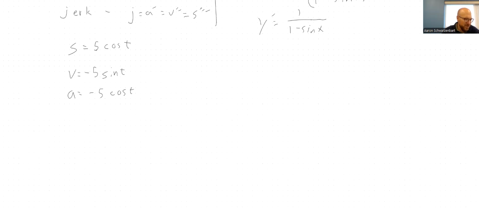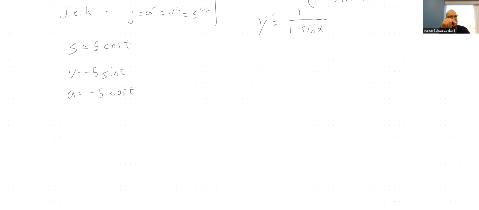Look at how the original function in blue on 137 is related to the velocity function. The blue is the original, the velocity's in red. Notice that they're just offset by a phase shift. That is oscillating motion. What is being modeled there is what's called simple harmonic motion.